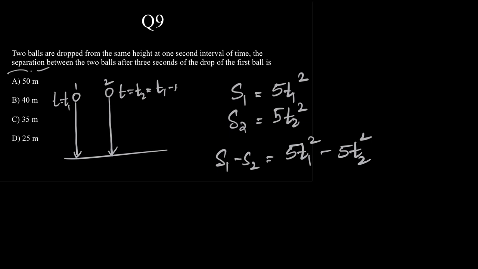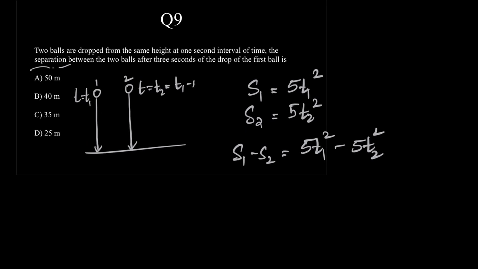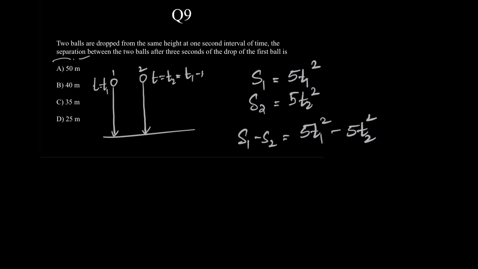Now, let me just give you one more diagrammatic visualization of what happens here. See, at t1 equal to 0, the object t2 has not yet started. At t1 being 1 second, t2 would be equal to 0.